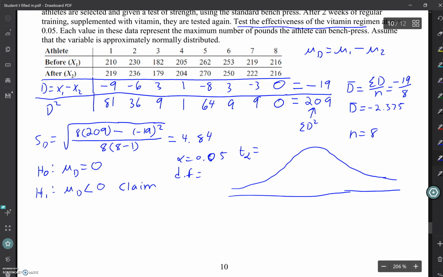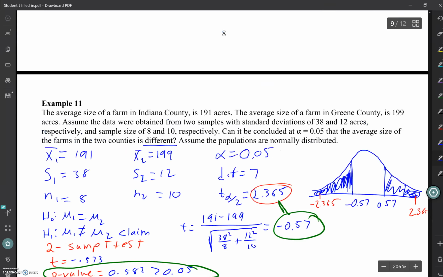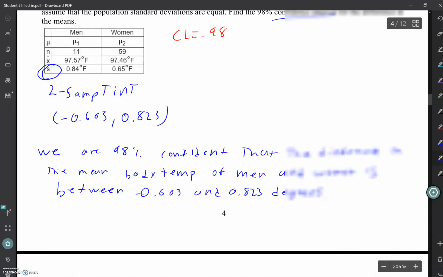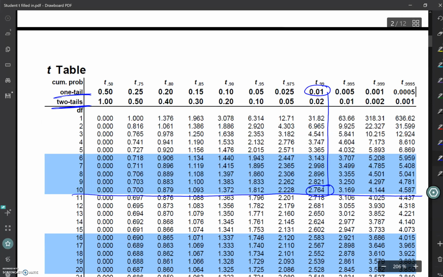So we're going to use the n, which is 8, and say 8 minus 1 to get 7 degrees of freedom. So let's go figure out what our critical value should be. With 7 degrees of freedom and 0.05 in one tail, we are looking at a critical value of 1.895.